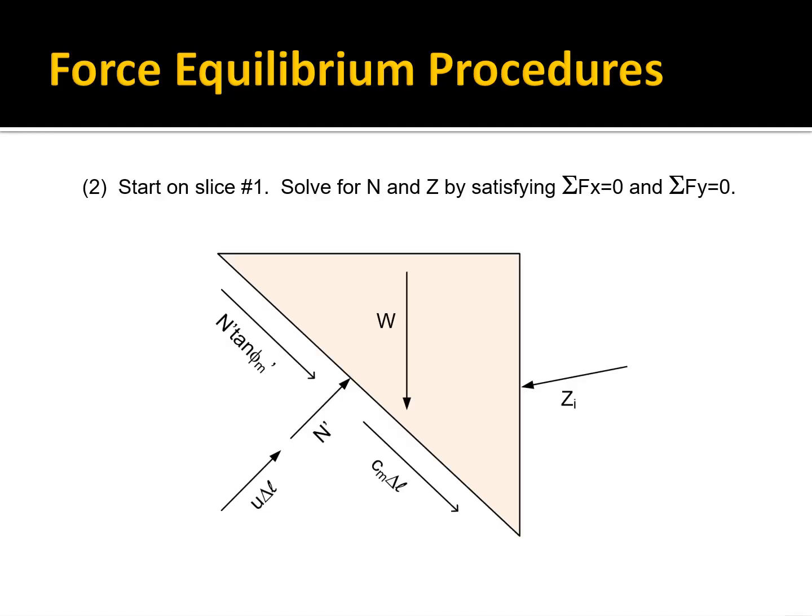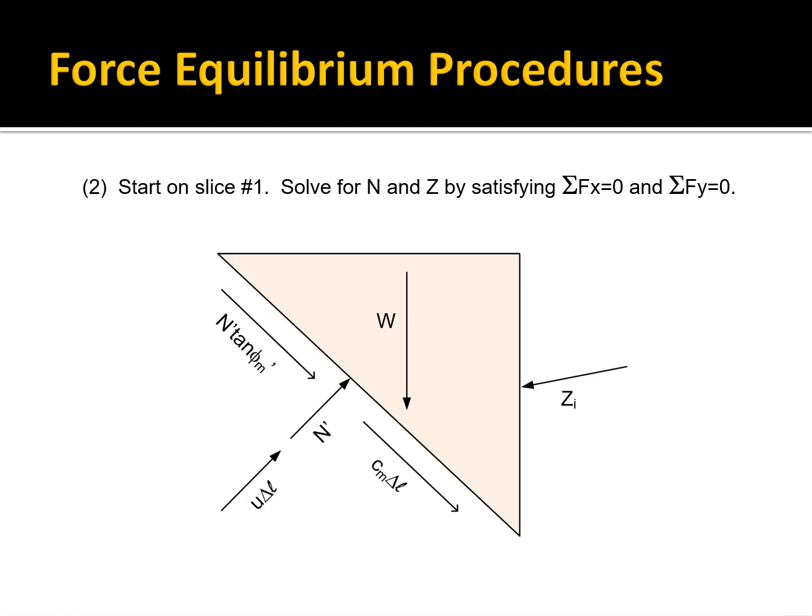Then we look at a slice, starting on the left side and moving to the right. The leftmost slice is a triangular wedge, and the forces on the bottom are N prime tan phi prime, or the mobilized friction, and the mobilized cohesion times delta L.